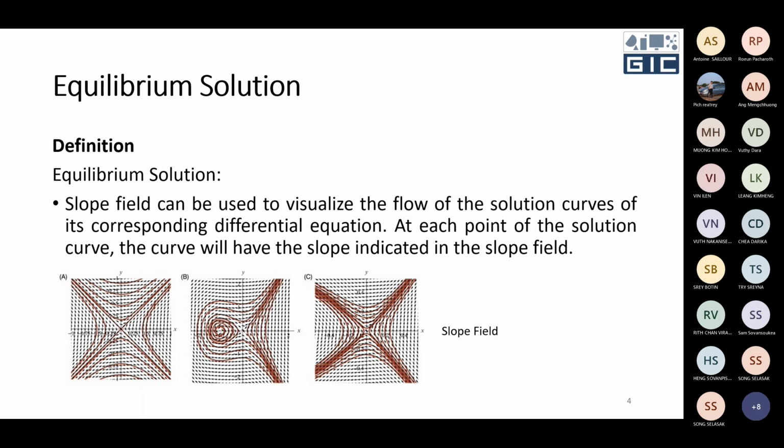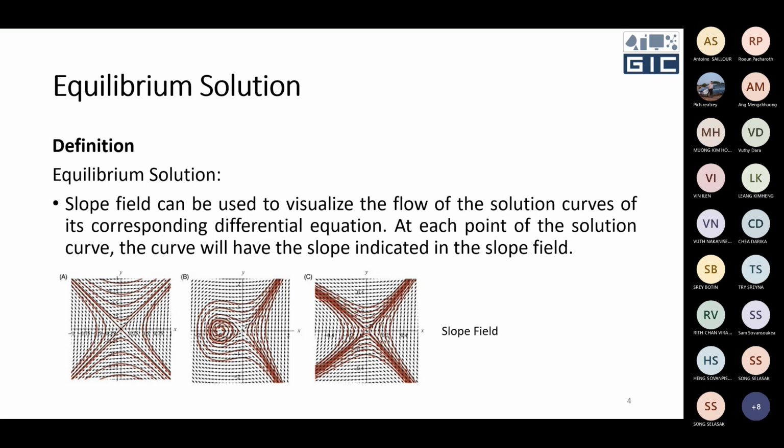When we focus on slope, the picture you see in this figure is a slope field. It's a kind of flow visualization that shows us the solution curves of our differential equations, and each point of the solution curve is indicated by a slope.